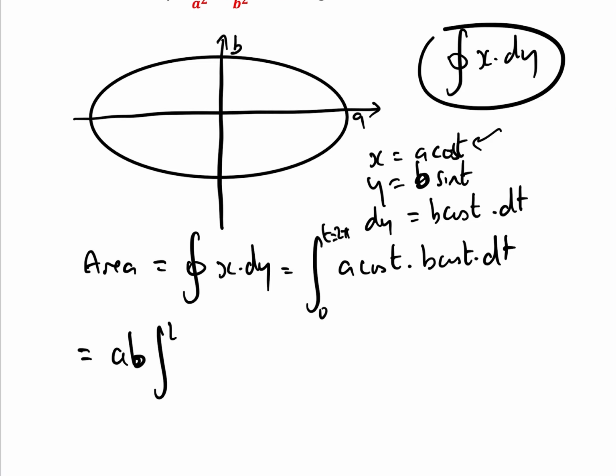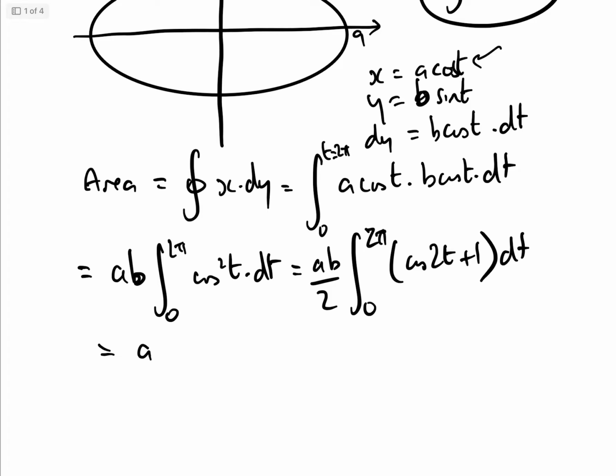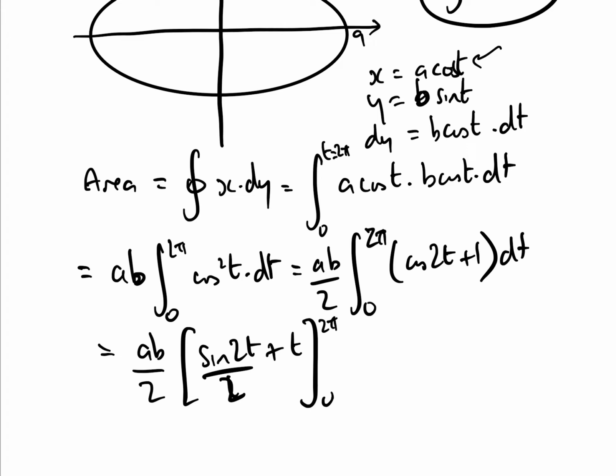That equals ab times the integral between 0 and 2 pi of cos squared t dt, which is ab over 2 times the integral between 0 and 2 pi of cos 2t plus 1 dt, and that comes out to ab over 2 times sin 2t over 2, add t, between 2 pi and 0, and that equals ab over 2 times 2 pi, which equals pi ab.